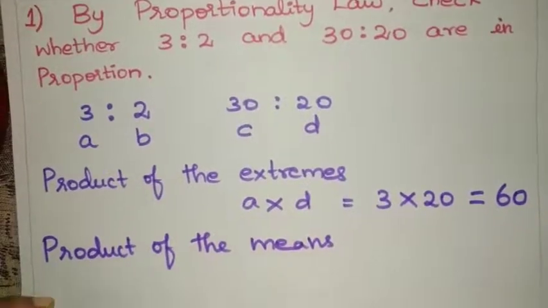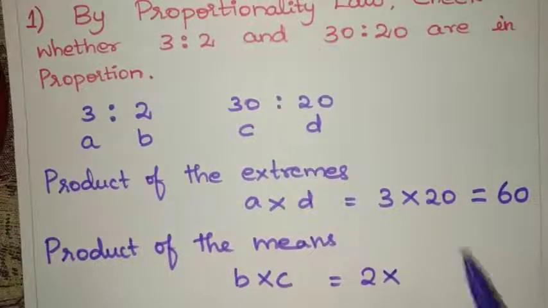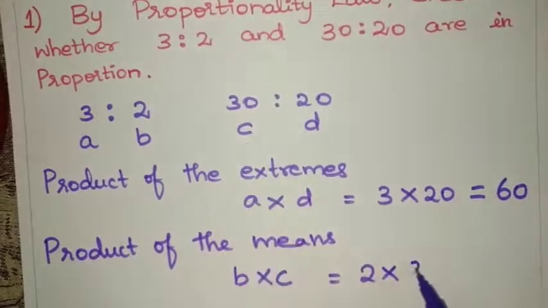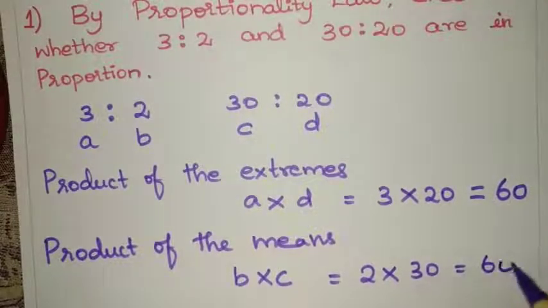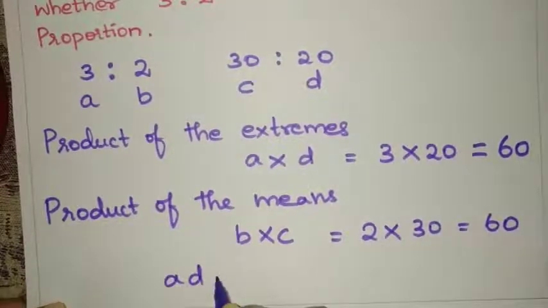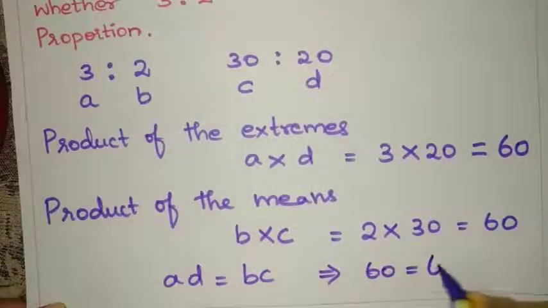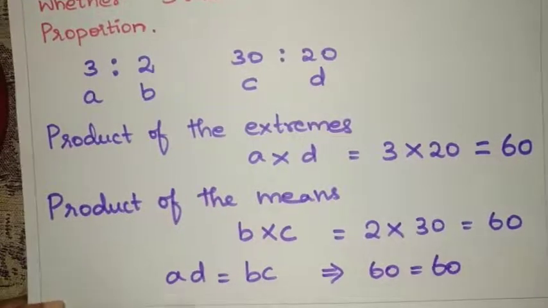Product of the means, B into C. What is the value of B? 2. What is the value of C? 30. So 2 3s are 6, 2 into 0, 0. So what will you get? AD equal to BC, that is 60 equal to 60. So these two ratios are in proportion.